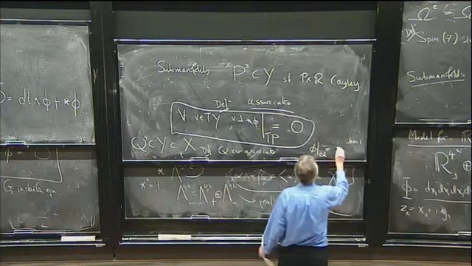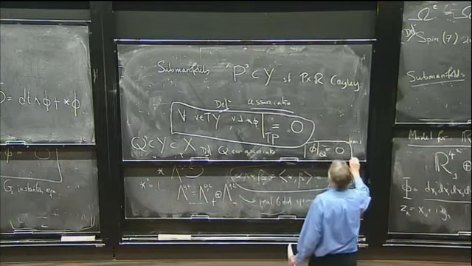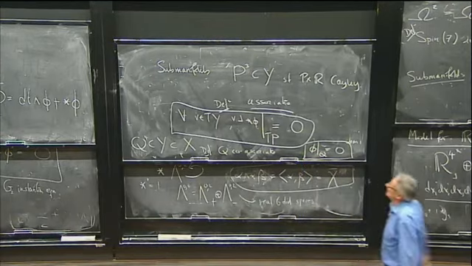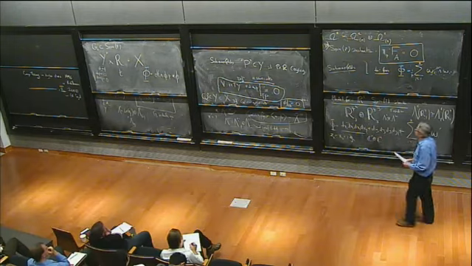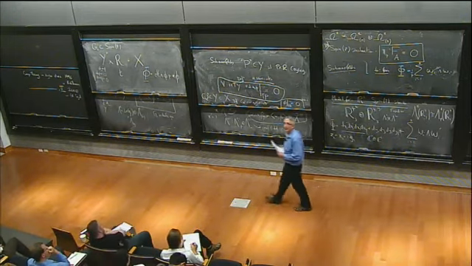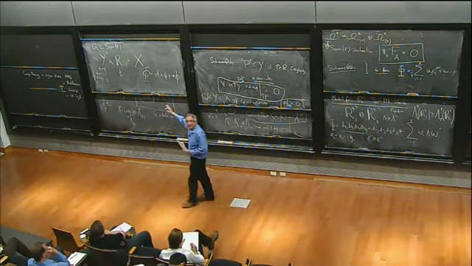So there are two special kinds of submanifolds in our G2 manifolds that we've got.